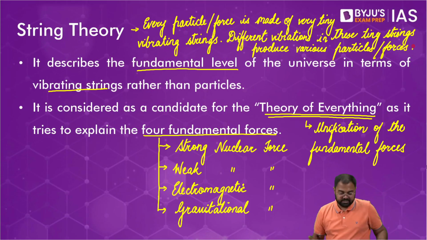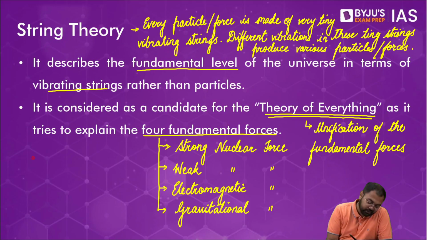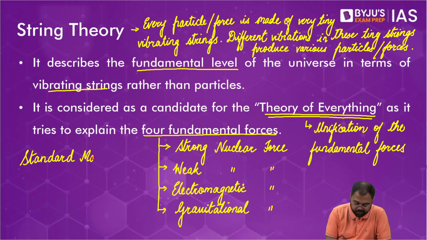So basically that's why string theory becomes famous, because it might be the theory that proves the theory of everything to be correct. Now there is another small concept here, which is called the standard model of physics, because very often this is something that sometimes will be seen in the newspapers.